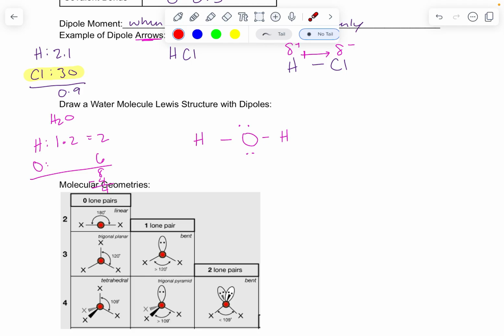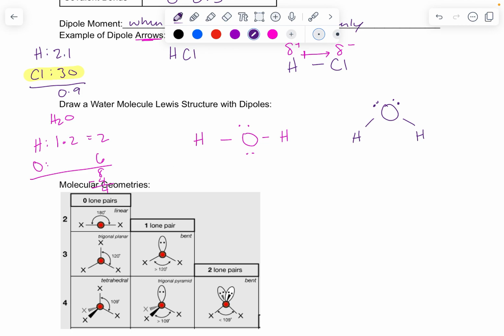So the shape of this guy has to be bent. So let's redraw it, and yes, I want you to redraw it as well. Let's redraw this guy, but more accurately, bent. So I've got my oxygen bonded to my 2 hydrogens. And my lone pairs of electrons are kind of up here like that. That is the most accurate Lewis structure of water.